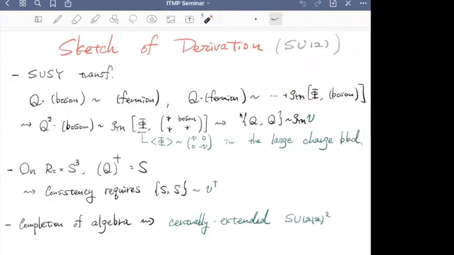This basically means that if you act with supersymmetry twice on the boson, this Q squared is not really the same Q squared. It's more like some choice of different Qs. Then that's going to give you this expression, which is a commutator of the scalar field with some boson. And in particular, by choosing appropriate Qs, you can take this phi to be the phi which gets a VEV because of the presence of the large charge operator. So in the case of SU(2), it often gets a VEV like this, diagonal in the Cartan.